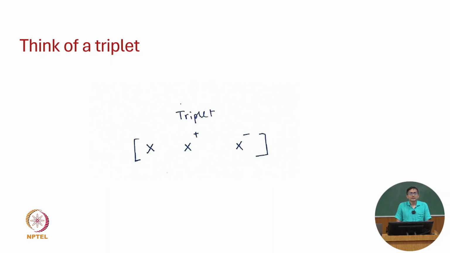So if we are provided with this triplet, how would we imagine this triplet in a feature space? Let us think a moment about this.